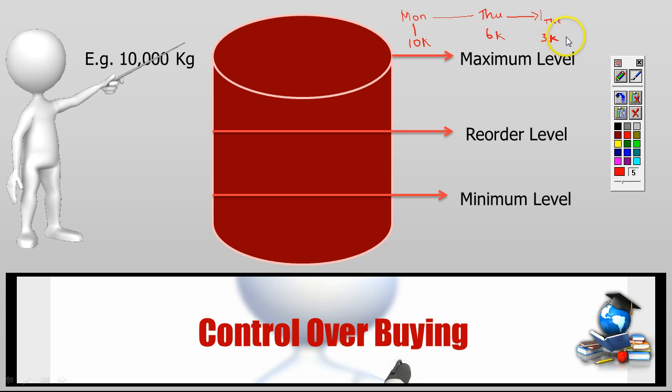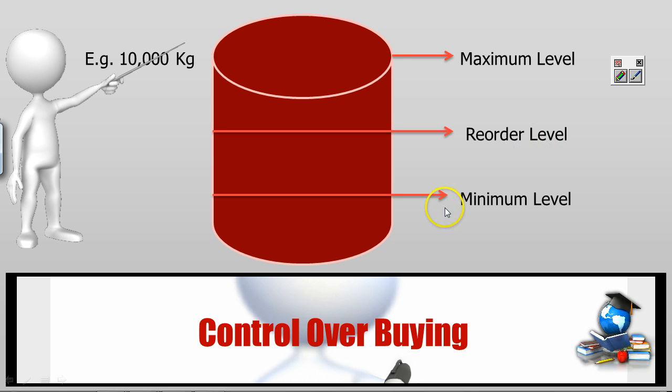So now you touch the minimum level on Tuesday. If you don't get goods by next Tuesday, then it is going to cross. Even if it is Wednesday, your minimum level, which we said is going to be 3000 units, it is going to go down and it will go to the danger level. So this might be the danger level of 1000 units. So you have to be very careful here. So this is the basic concept of control over buying.